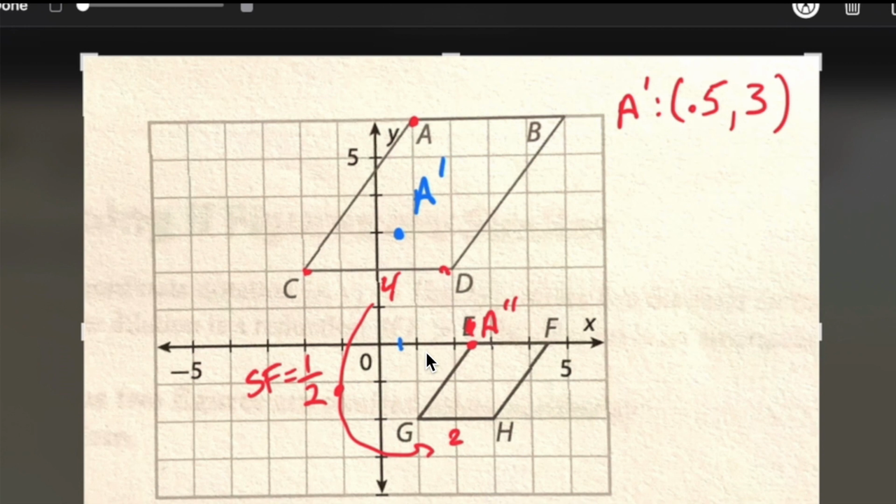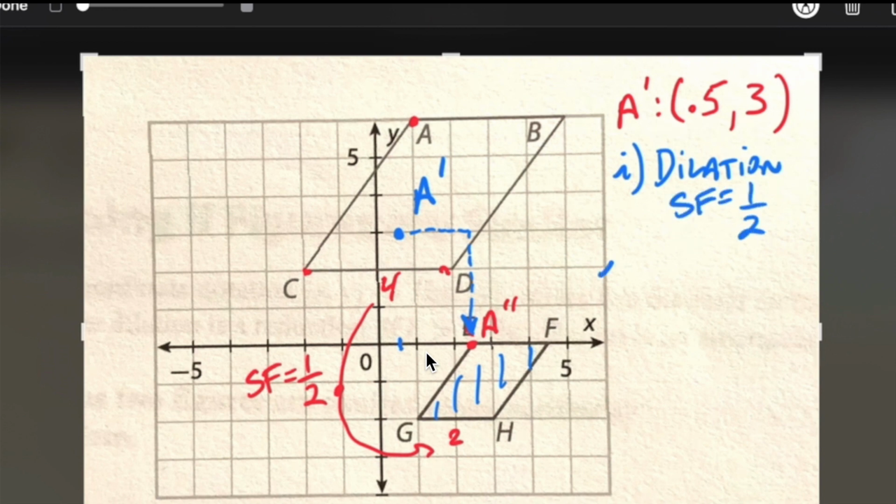That's going to give us a smaller image that would now match the size of our final image. Now the question is, how did we translate from point A prime down to A double prime? So our first step, therefore, was a dilation, scale factor equals 1/2. And then our second is a translation.